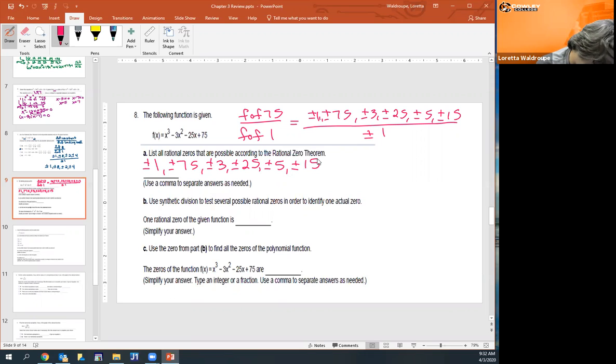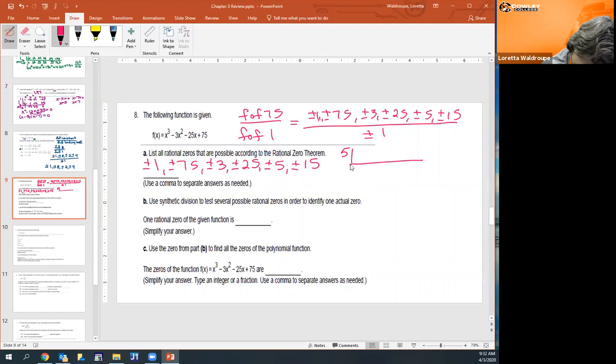So now it says use synthetic division to test several zeros until you find one. So you pick a value and you try it. Okay? So what do you want to try? Let's try 5.